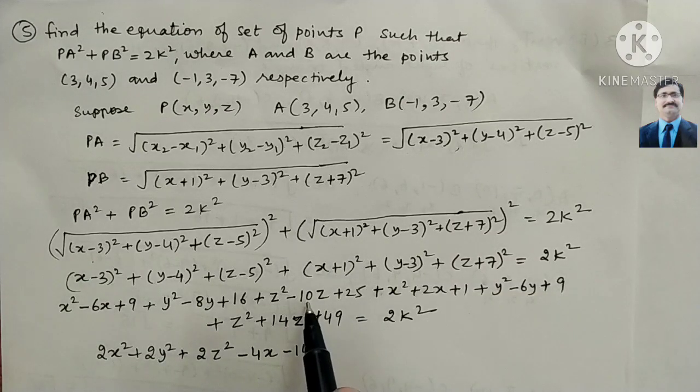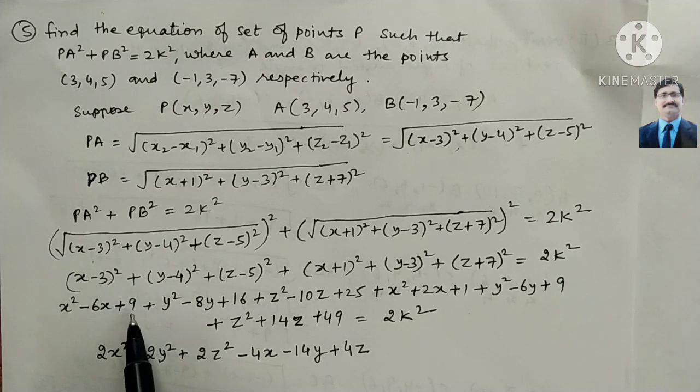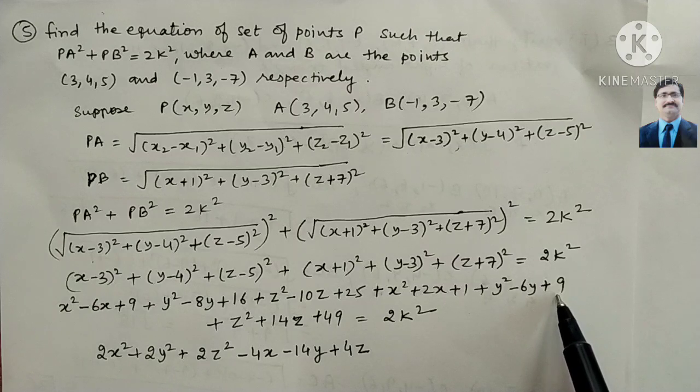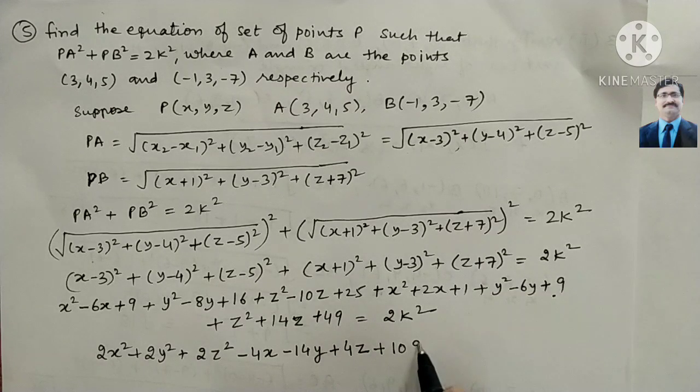Then here minus 10z and we have plus 14z, so we will have here plus 4z, okay. Now here is 9 and 9, this is 18, and 25 and 49. These we will add, we will get here 109, okay, 109 we get, and this is equal to 2k square. So this is the equation that we have to find here.